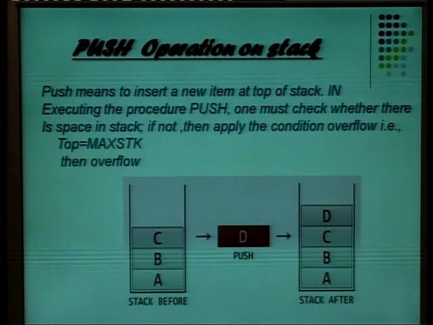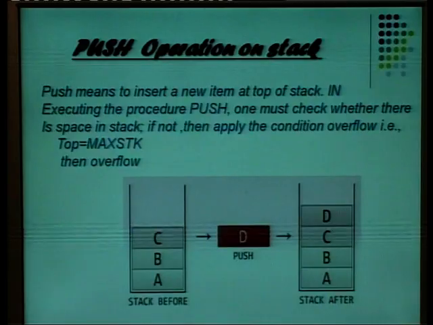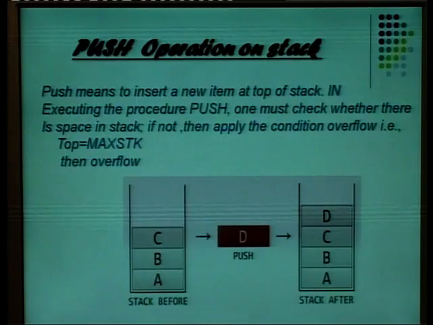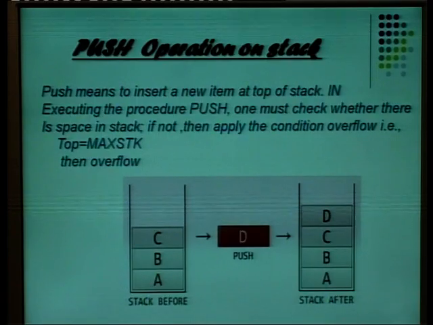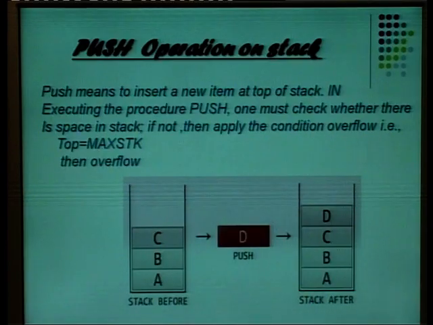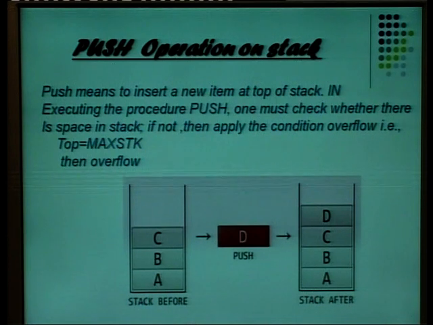This is the example for inserting an element at the top of the stack. In the first figure there are only 3 elements in the stack, A, B and C, and then when we push a new element D onto the stack, the stack becomes A, B, C, D. D is inserted at the top of the existing elements.